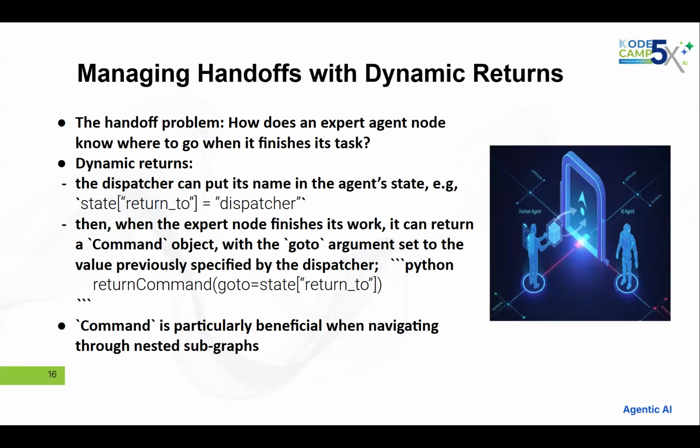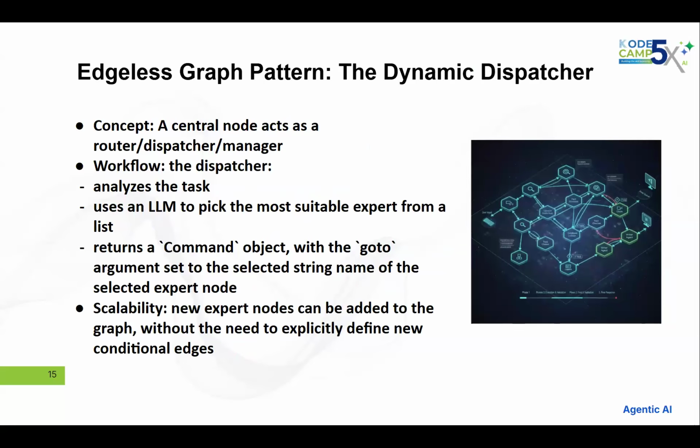We described that in the dynamic dispatcher: the dispatcher node analyzes the task, figures out the intent, and decides which expert node out of the list it has is most suitable to address that intent.